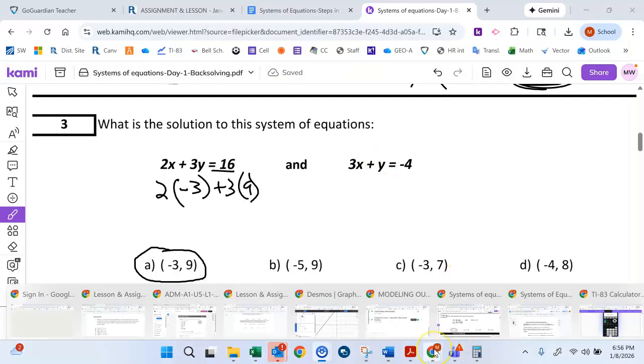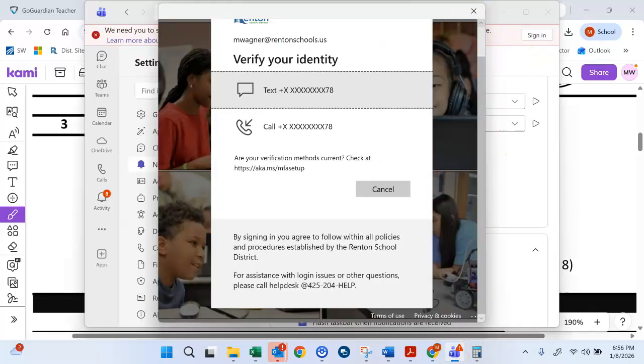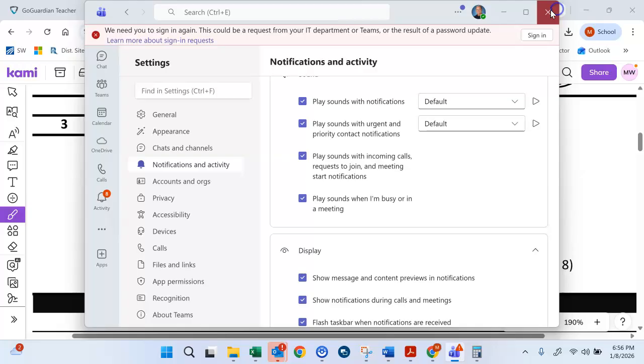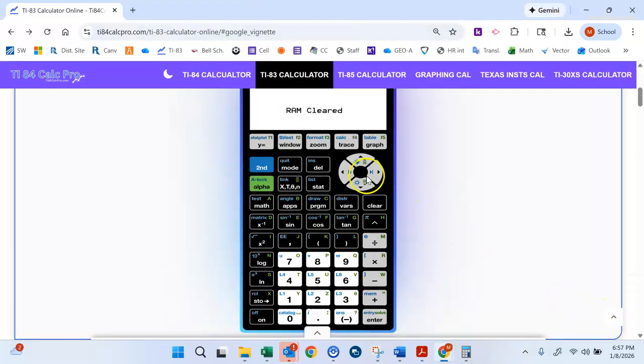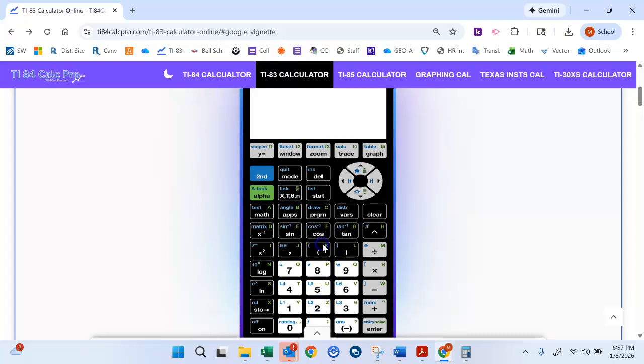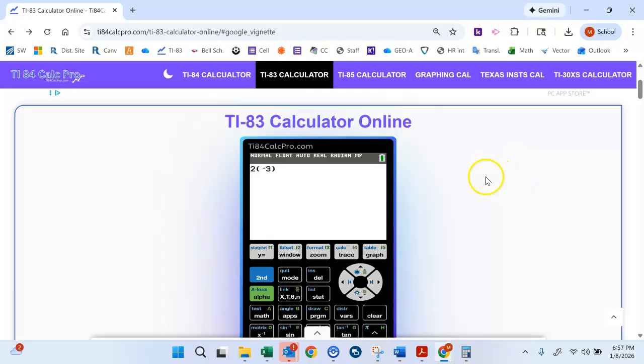Okay, so first I got to do 2 times negative 3. So again, it's good to get your calculator to do this. There it is. So 2 parenthesis negative 3 parenthesis should give you something like that. Okay.